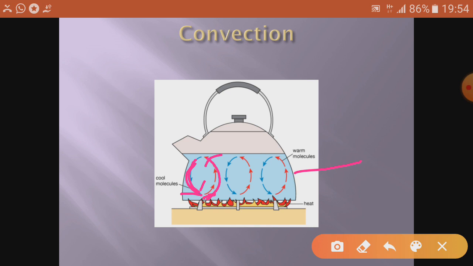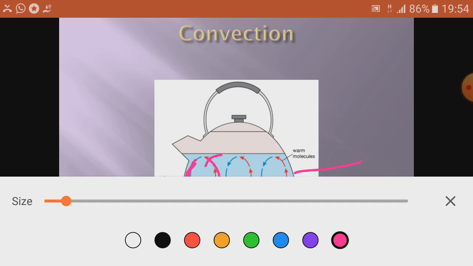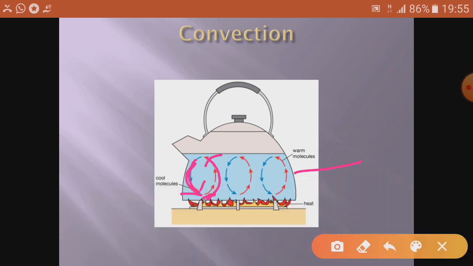Again, I am explaining this. You can see this is a kettle having water, and now here you can see the water which is nearby the flame gets heated up.